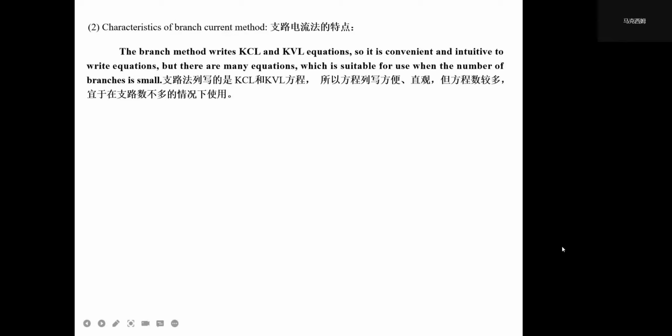You just directly write the KCL and KVL equations, as long as the total number of KCL and KVL equations adds up to B, the number of branches. Somehow you can reach the final solution. But if you are very familiar with it, sometimes we don't even think about the constraints, we just directly write it, and it will work.